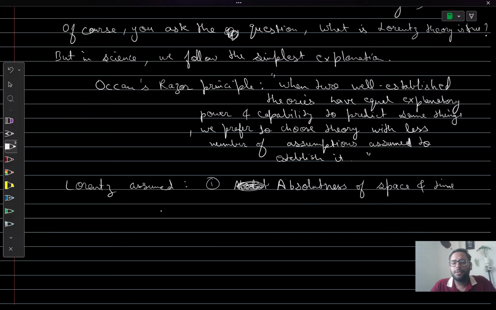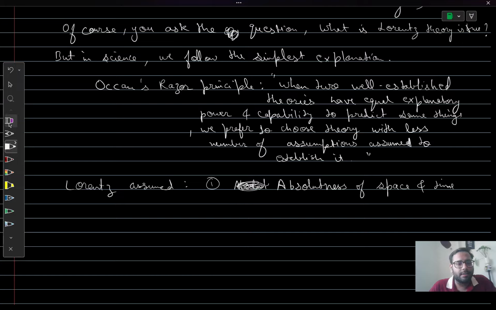He introduced the concept of local time, but globally we also have this absoluteness, and the motion through the ether actually changes and affects the space and time.